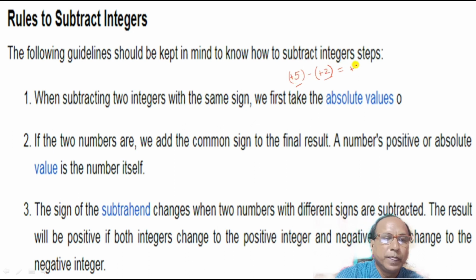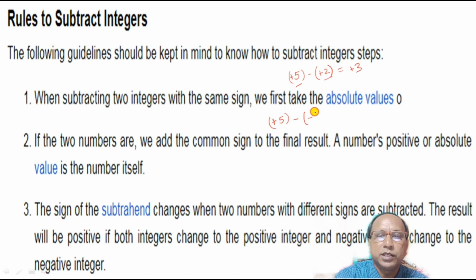Number 2. If the two integers are positive, we add the common sign to the final result. The number's positive or absolute value is the number itself. Suppose we have plus 5 minus, minus 2.